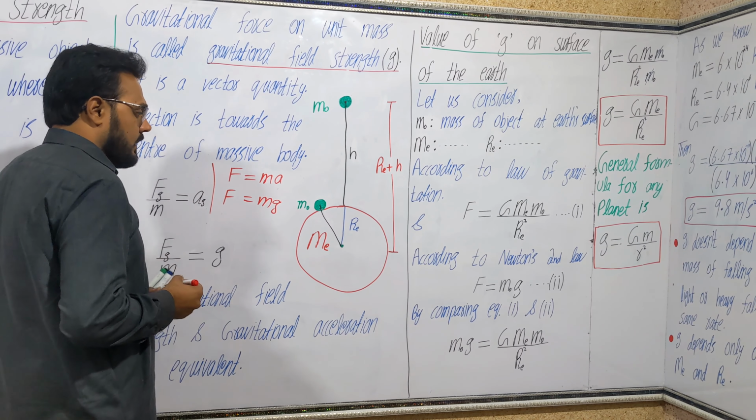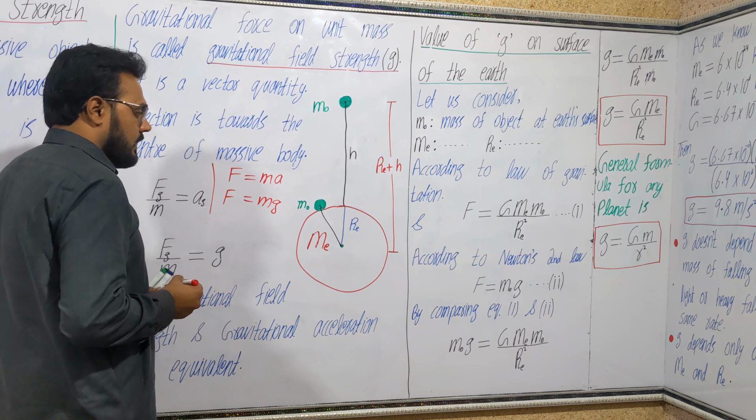This m0 g is equal to this G M_E m0 over r square, by comparing.